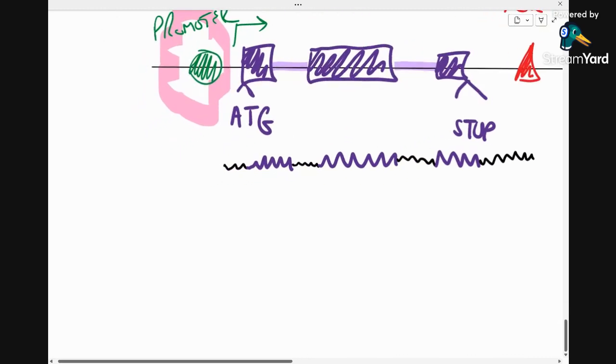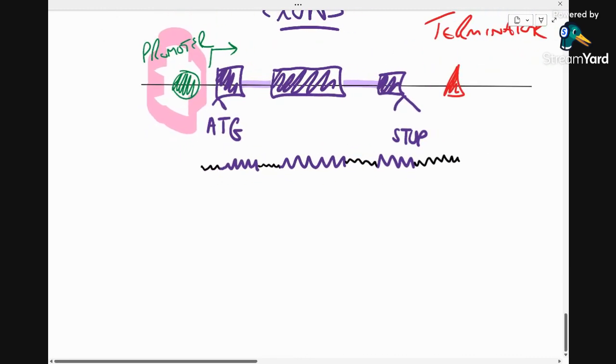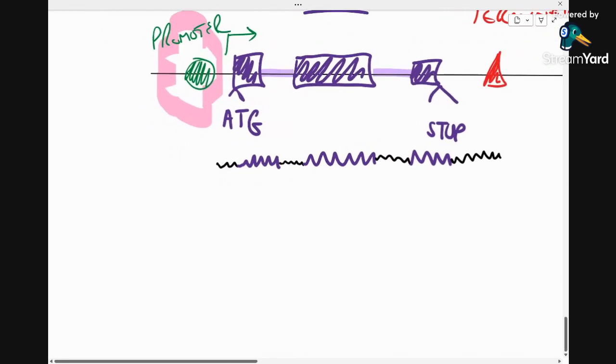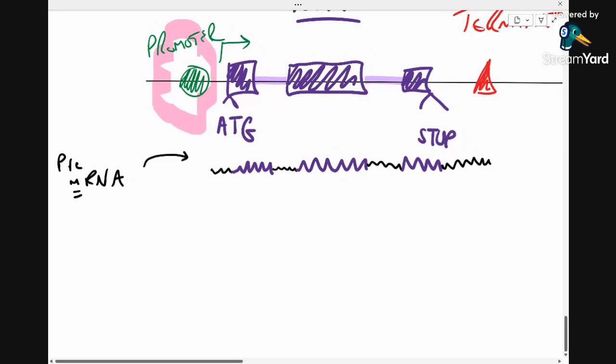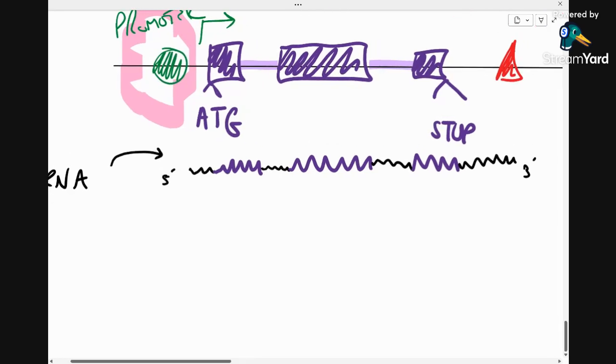So this is our mRNA that's produced, and it is not yet mature because we've got introns in there, so we call it pre-mRNA. mRNA because it's protein coding, messenger RNA. So this is pre-mRNA. This is the 5' end, this is the 3' end, but we still retain our sequences for the start and stop codons.